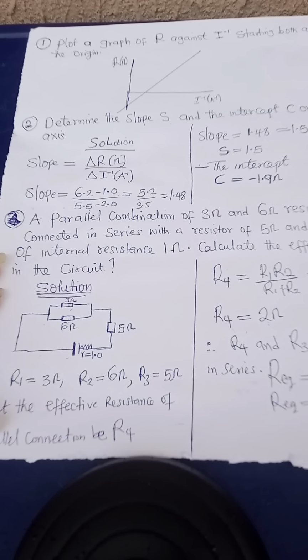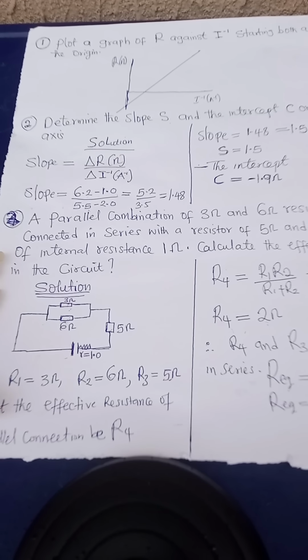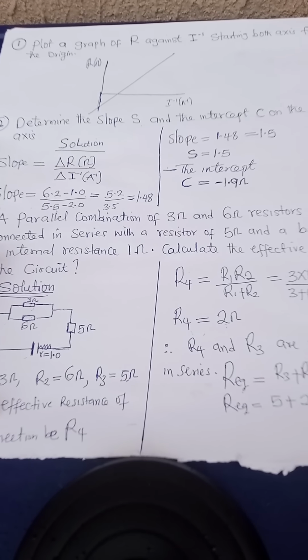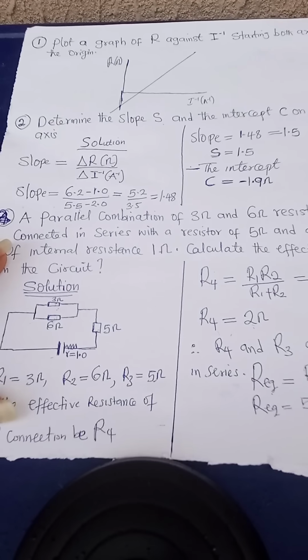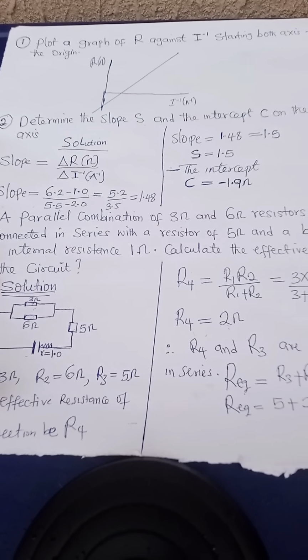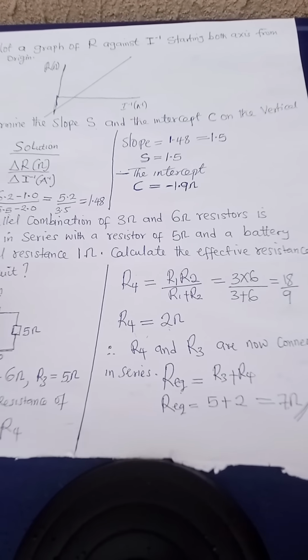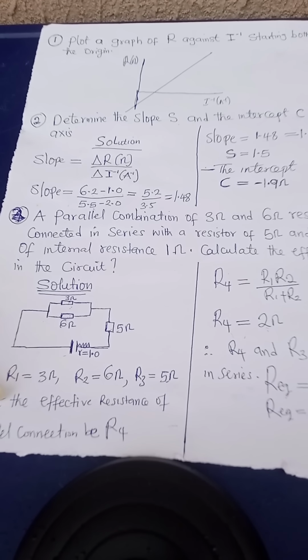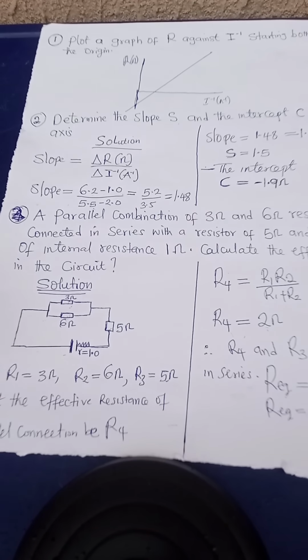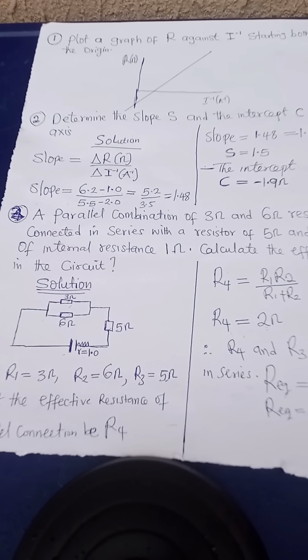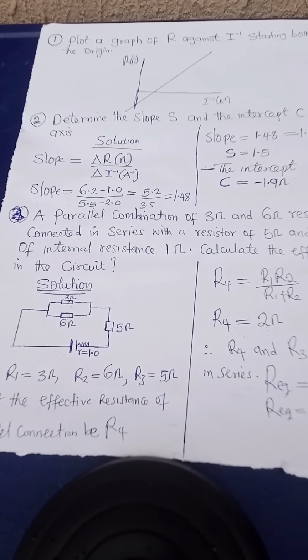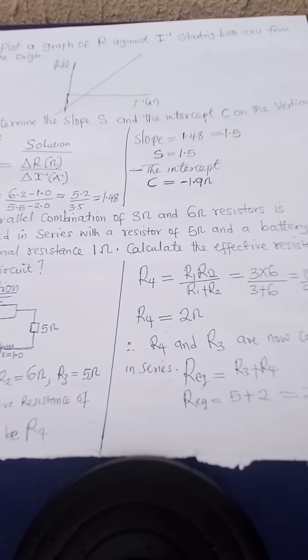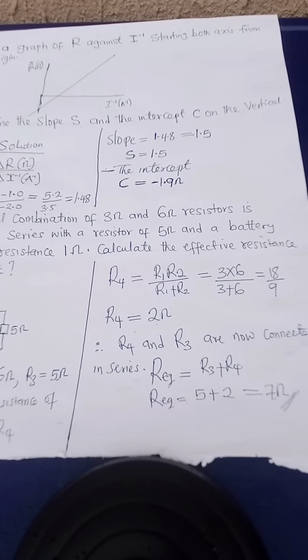A parallel combination of 3 ohm and 3 ohm resistors is connected in series with a resistor of 5 ohm and a battery of internal resistance 1 ohm. So this is how we can calculate this. My final answer is 7 ohm.